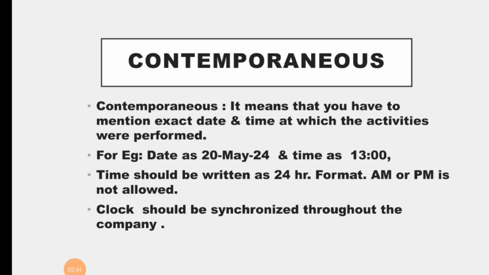The time should be written in 24-hour format only. AM, PM are not acceptable. The clock should be synchronized throughout the company. For that, all the clocks around the company should be synchronized and indicate the same time.